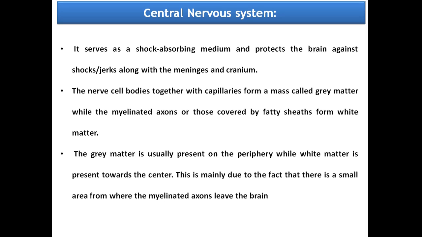This is mainly due to the fact that there is a small area from where these myelinated axons leave the brain and continue in the spinal cord. And in the spinal cord, the grey matter is in the center and the white matter is towards the sides.